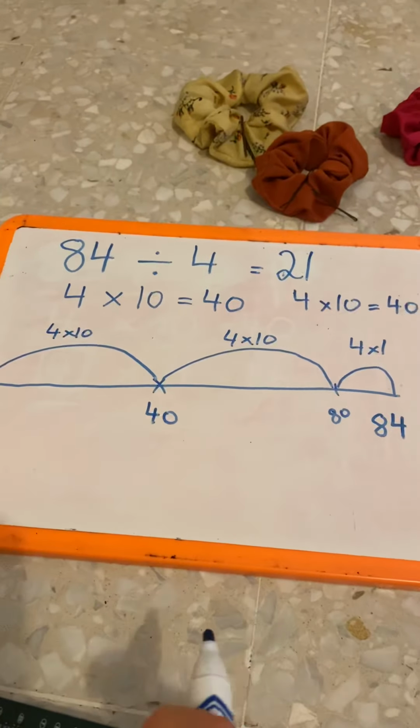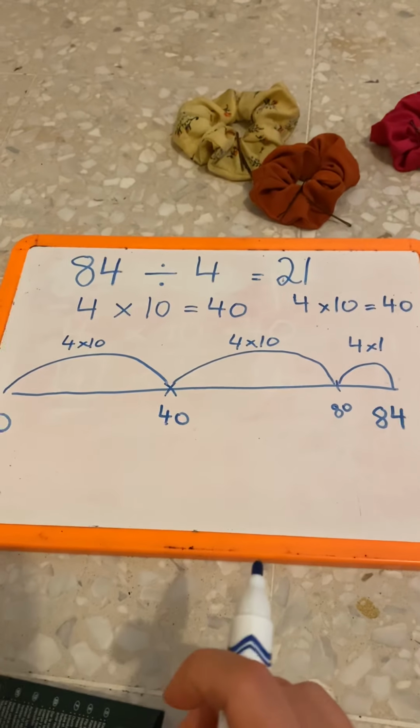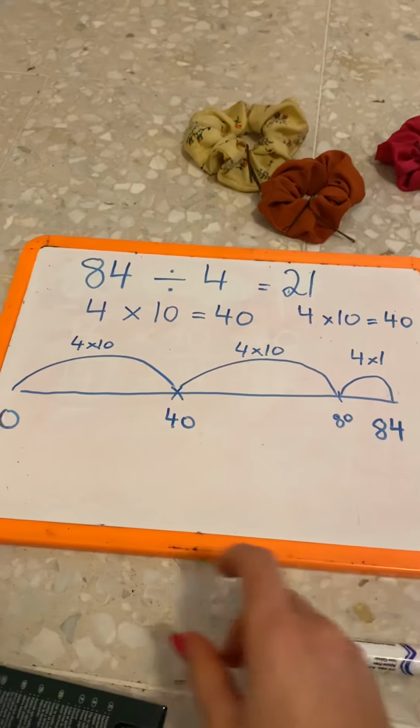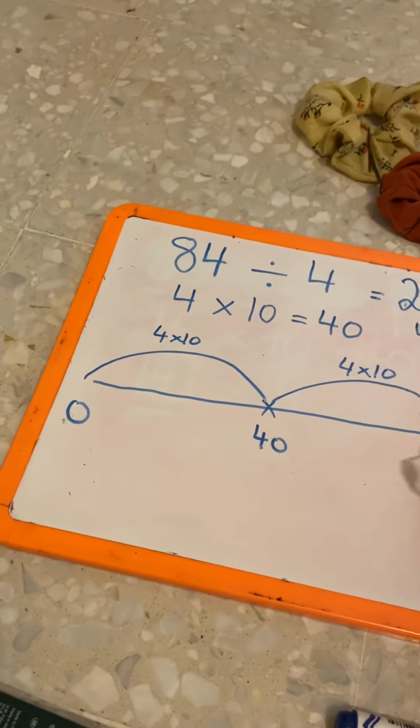So if we divided the number 84 into 4 groups, we would get 21.